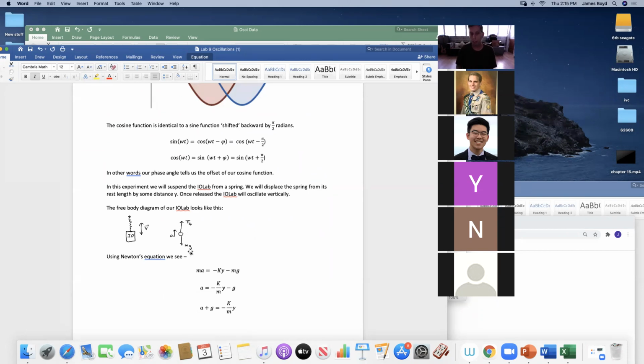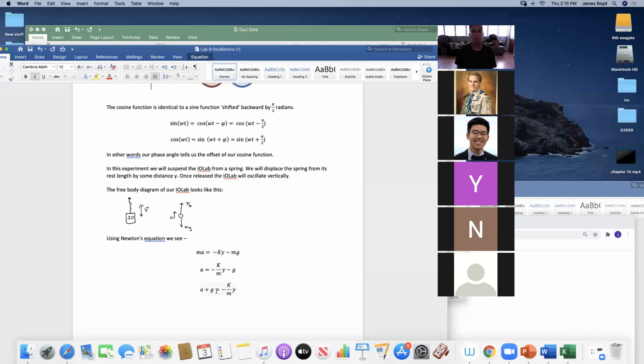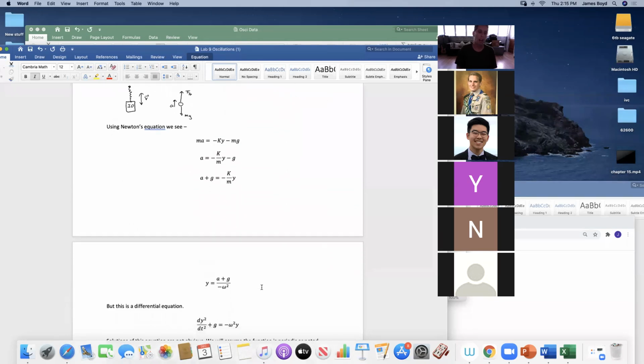We also have a weight, minus mg. So ma is minus ky minus mg. Divide through by m, we get this equation. If we move the g over, we get a plus g is equal to minus k over m y.